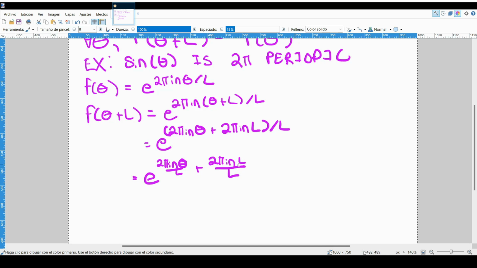We can note that we have L over L here, so we can cancel this out. So what we have here is e to the power of 2 pi I n theta over L plus 2 pi I n.